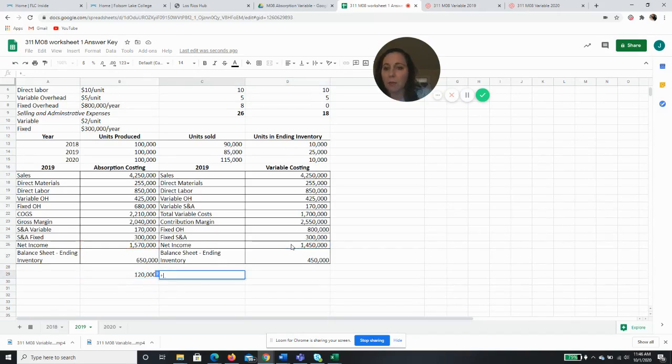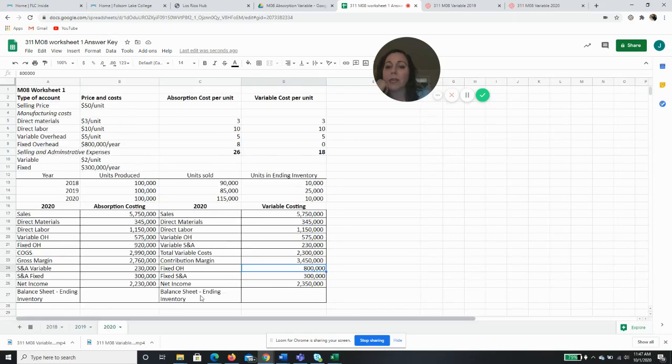And when we look at what we expensed for fixed overhead in absorption minus what we expensed for fixed overhead in variable, it's the same 120,000. So the reason our net income is higher is because we sold less than we made. Some of those fixed overhead costs under absorption end up here in our ending inventory, whereas in variable costing, all of our fixed overhead costs were expensed.